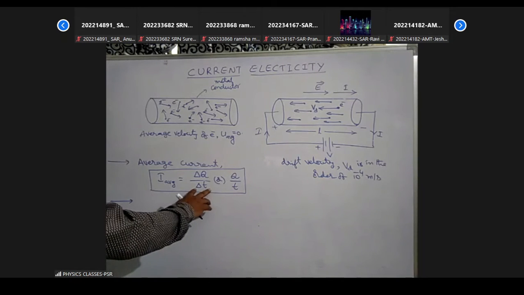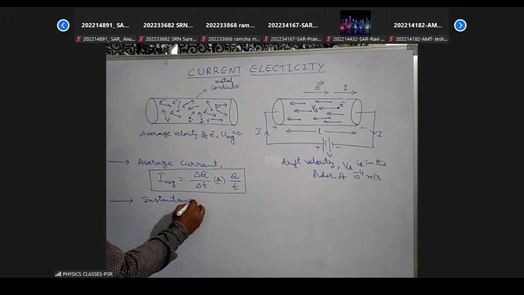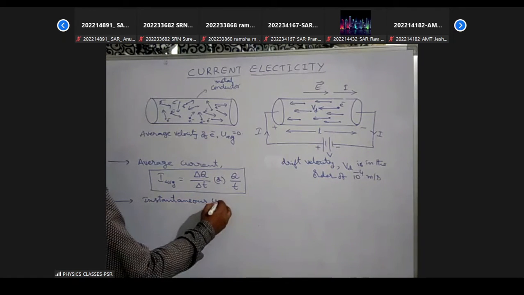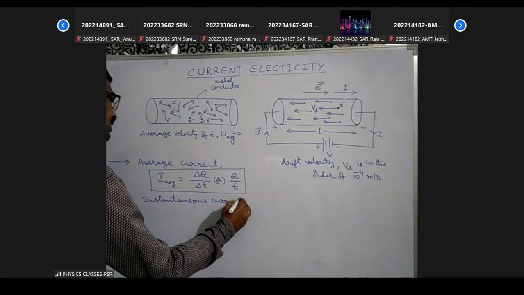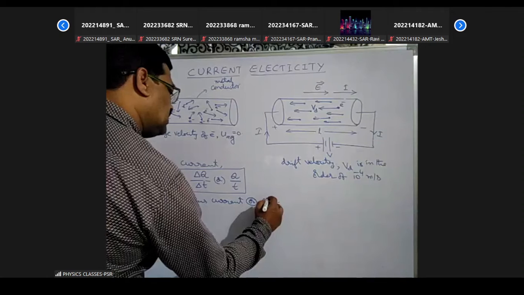Within the limit delta t tends to 0, this average current is defined as the current at any instant of time, called instantaneous current, or simply current; both are the same.